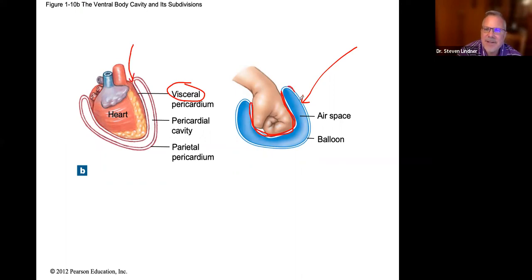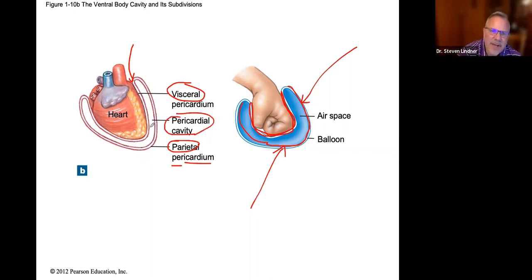Then there's this external layer, this outer layer of the balloon. That's called the parietal layer. If we're talking about the heart, it's the parietal pericardium. Peri means around. So it's going around the heart, but on the outside. Then between the visceral and the parietal layer is a pericardial cavity.